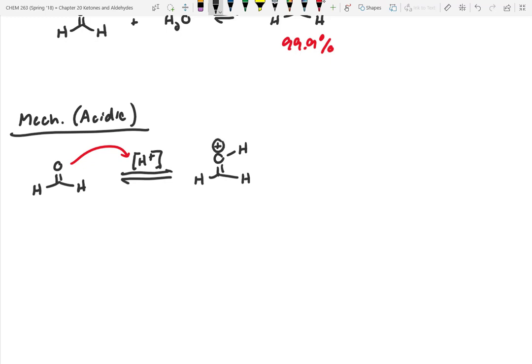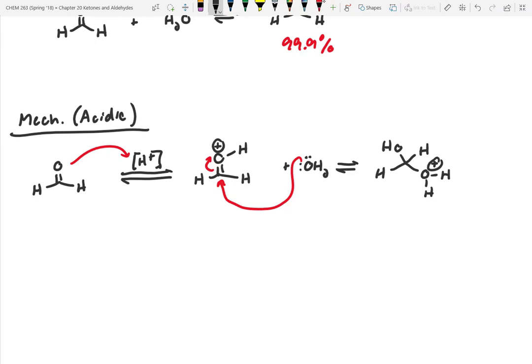And then in the next step, we have water floating around. Water, we know, can act as a nucleophile, attack in, kick up electrons onto that oxygen. So one of these lone pairs. Water, when it attacks in, still has a formal positive charge, right?